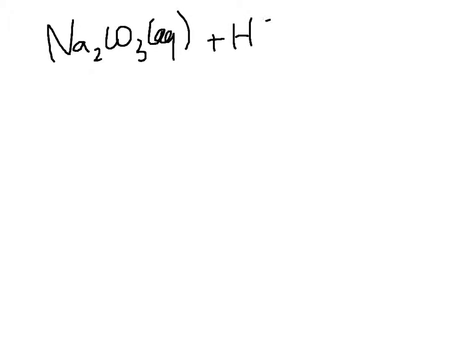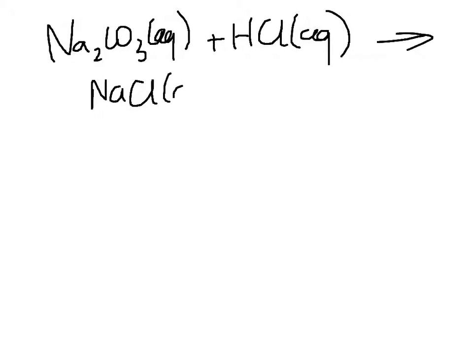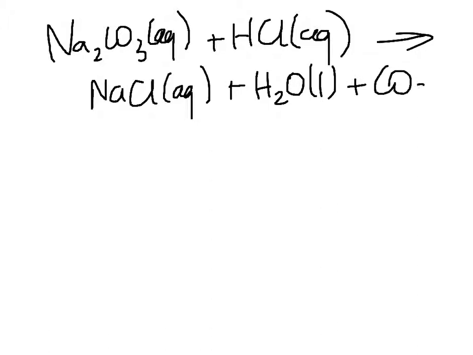We have sodium carbonate, Na2CO3, and hydrochloric acid, which gives us, according to this, it's an acid and carbonate reaction, so we get NaCl plus H2O plus CO2.